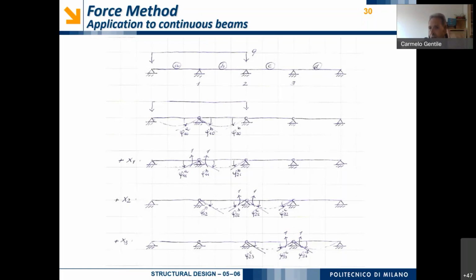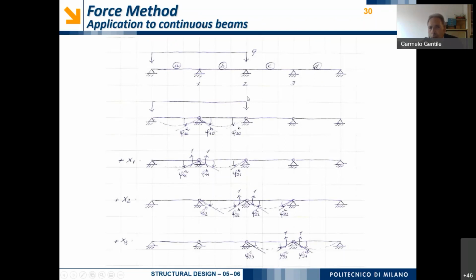The central span is generally larger than the lateral spans, and the central span generally realizes the overpass of the motorway. So the continuous beam with several intermediate supports is a static scheme which is very often met in real applications.